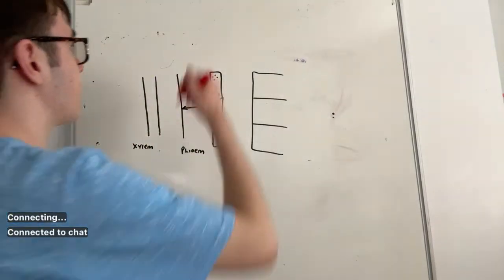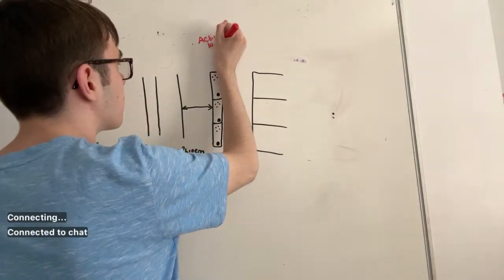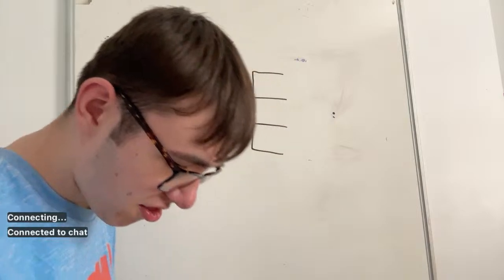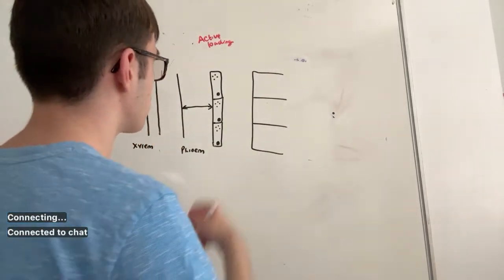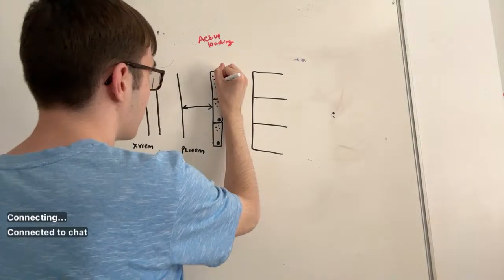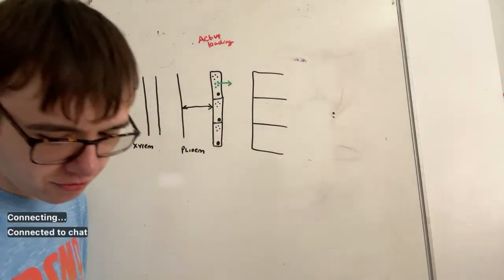So, first of all, you have active loading. The gimmick here is that the hydrogen ions from, I believe, the companion cells move out of the companion cells via active transport.